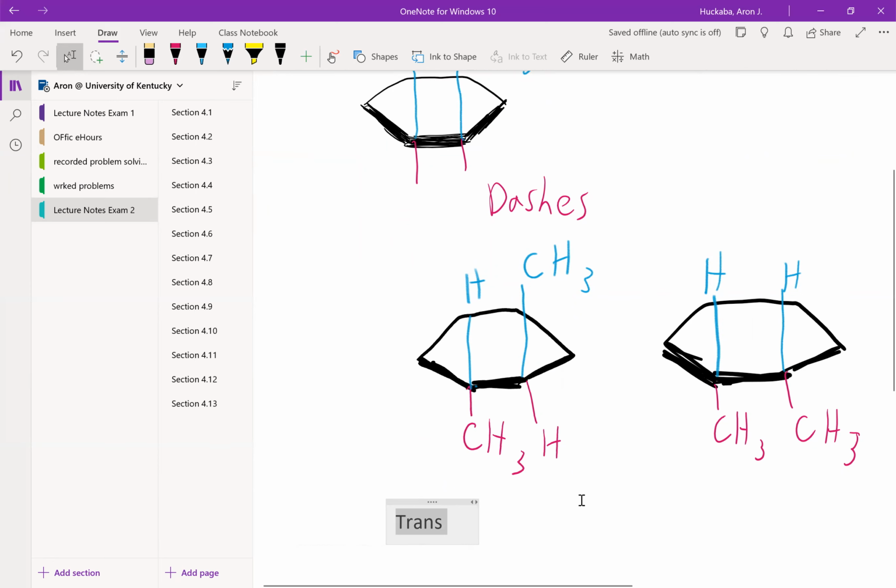And the other one, where they're on the same side, we would call that the cis isomer.